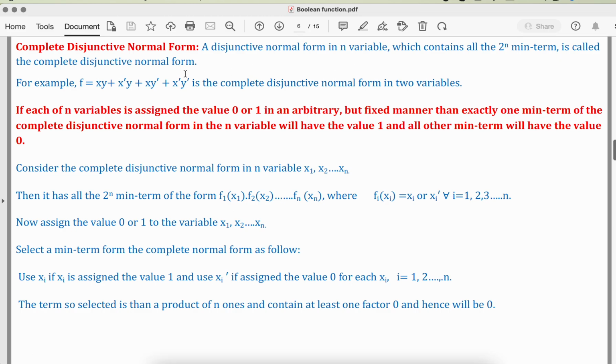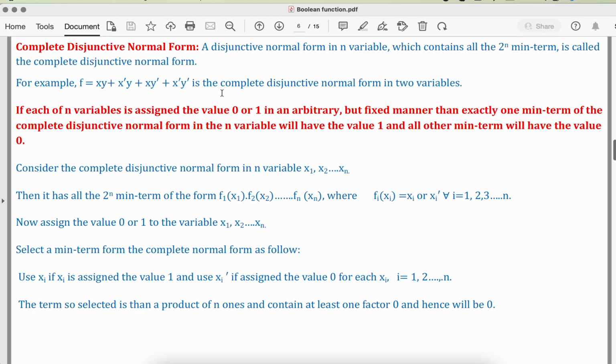So it should contain 4 terms: x y, x dash y, x y dash, and x dash y dash. So the function f equal to xy plus x dash y plus xy dash plus x dash y dash is the complete disjunctive normal form in 2 variables.